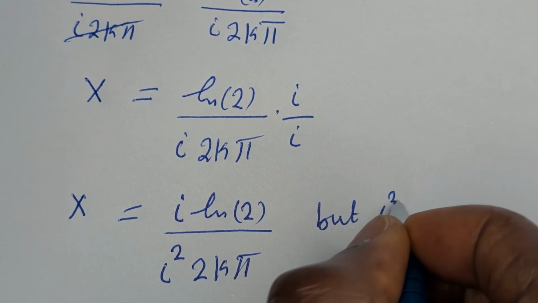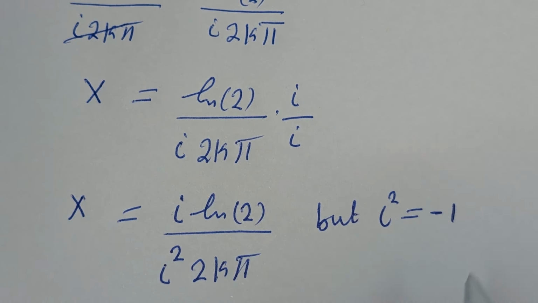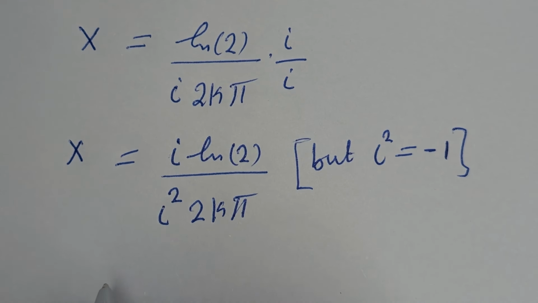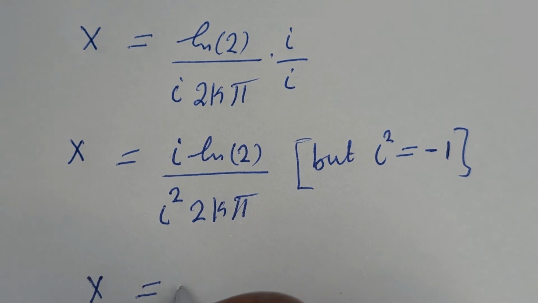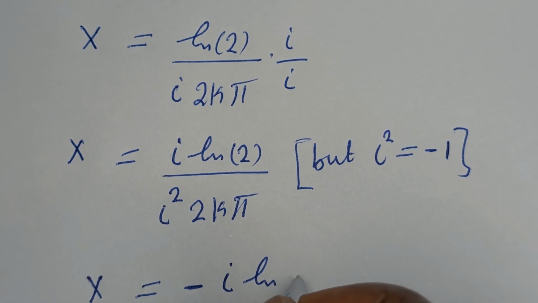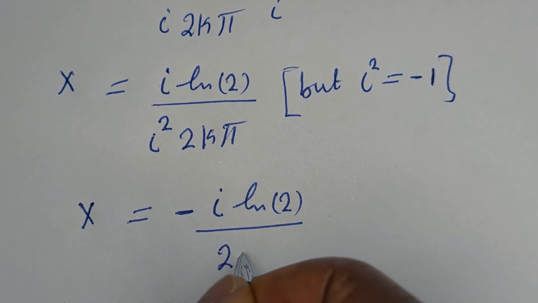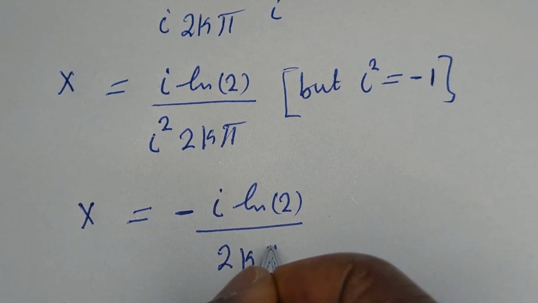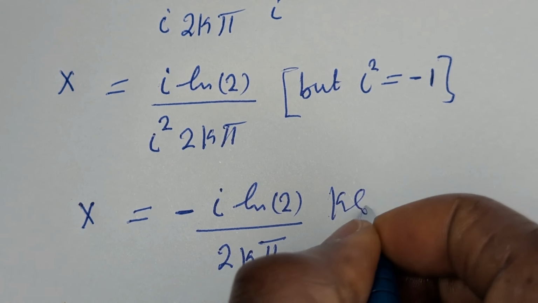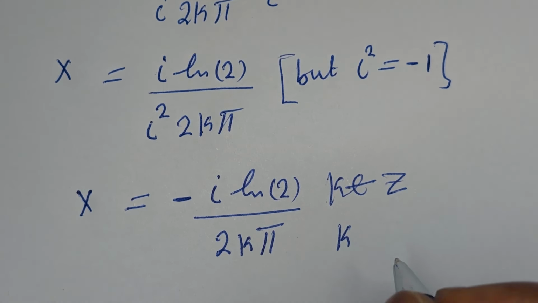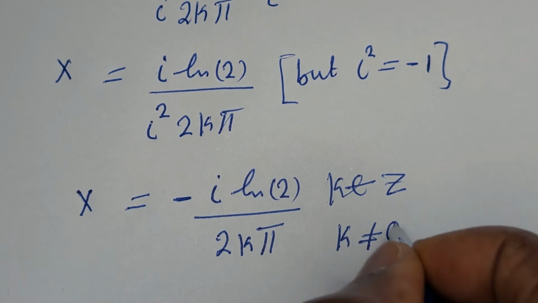But i squared is equal to minus 1. s is equal to minus i ln of 2 divided by 2k pi, where k is a member of the integers, and k is not equal to 0.